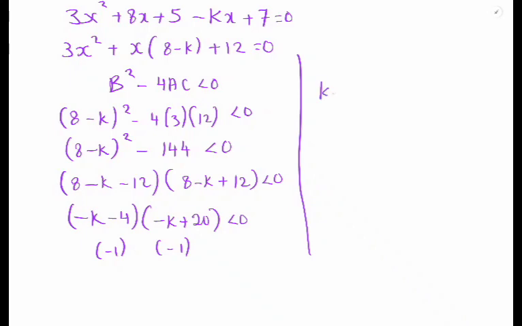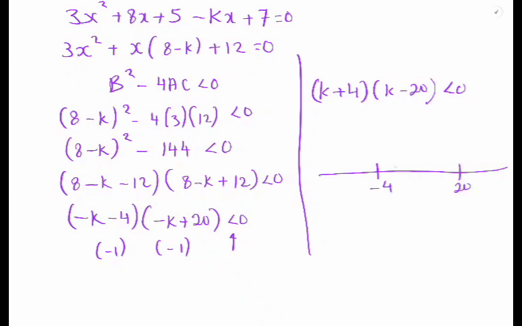So you have k plus 4, k minus 20 smaller than 0. That means this sign you don't need to change. So from here k is equal to negative 4 and 20. So U shape here. Less than 0 means it is in the middle here. That means k is between negative 4 and 20. That's the answer here.